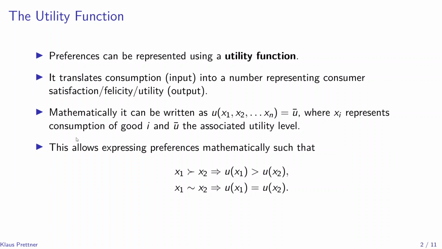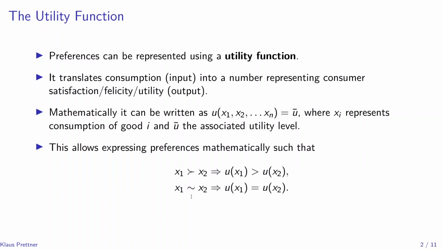This then allows expressing the preferences mathematically, such that if the consumption bundle x1 is strictly preferred to consumption bundle x2, we would have that the output of the utility function for consumption of x1 would be greater than the output of the utility function of consumption of the bundle x2.